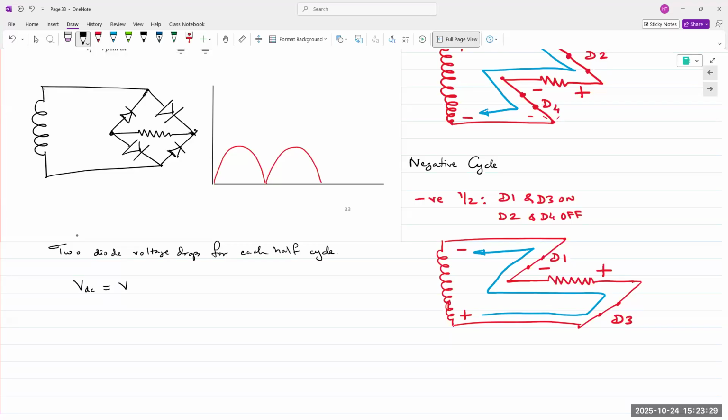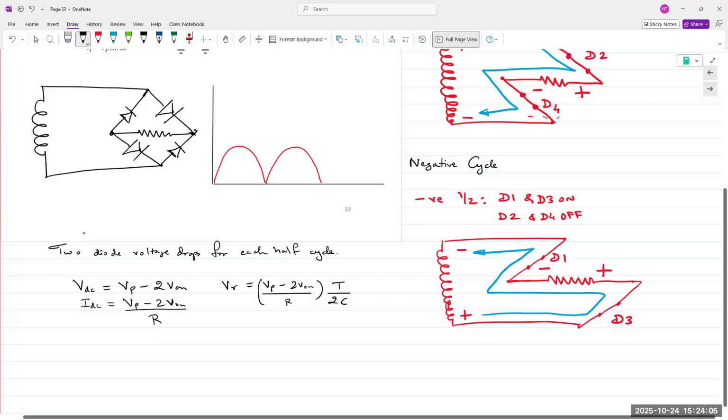And so VP minus 2 V on, 2 drops. And IDC correspondingly is VP minus 2 V on over R. Ripple voltage, again, is IDC times T over 2C.